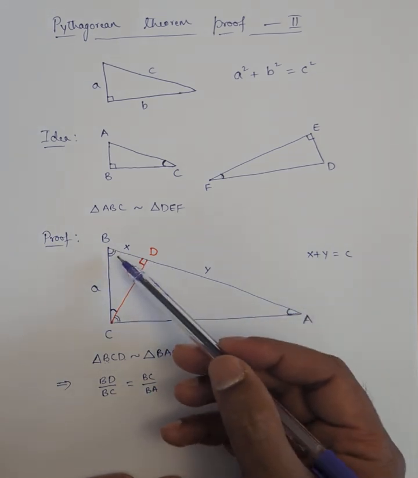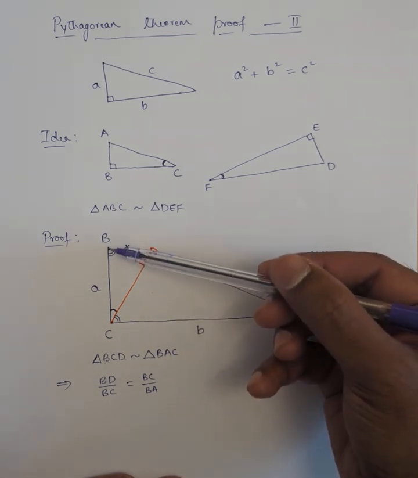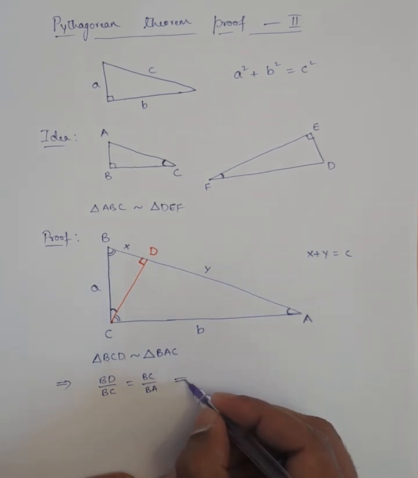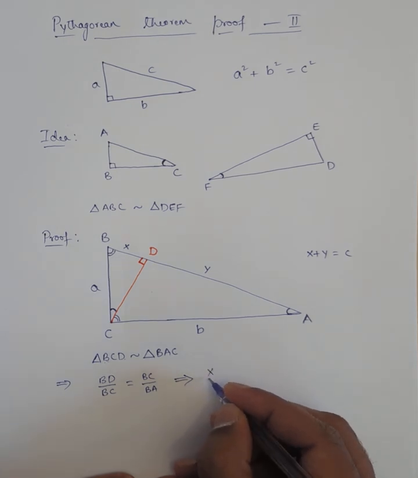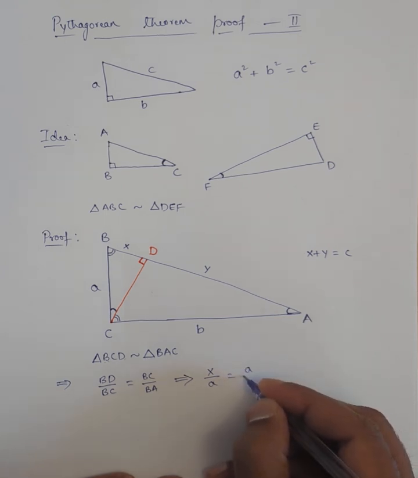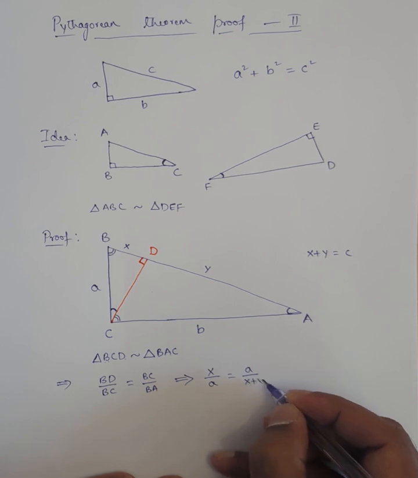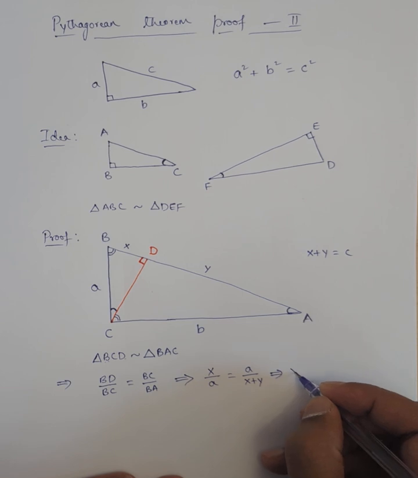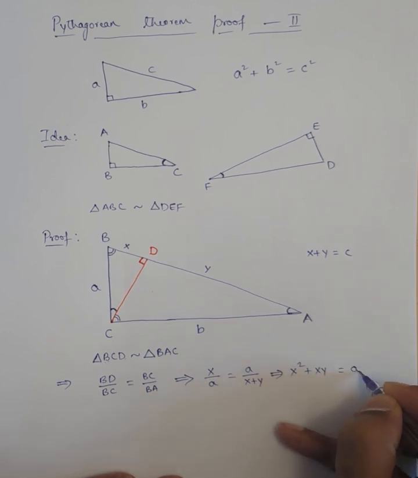And if you look at the cosine of this double arc in the big triangle, that's going to be BC over AB. So in other words, BD is x, BC is a, x over a is equal to a over BA. BA is x plus y. So from here, we can cross multiply and get x square plus xy is equal to a square.